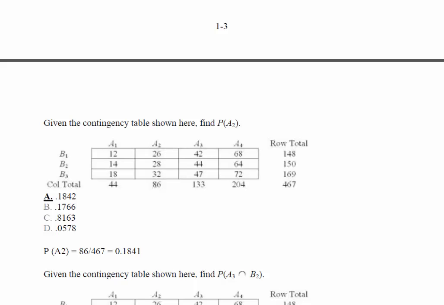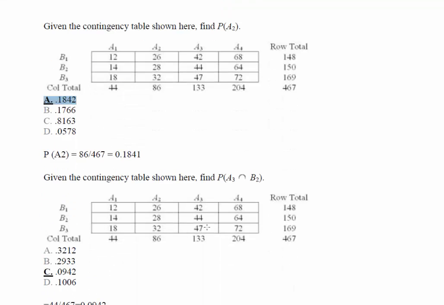The total of A2 is 86 right here, out of a total of 467. So P(A2) should be 86 divided by 467, and you get 0.1841. You can round up. There's a rounding error here.